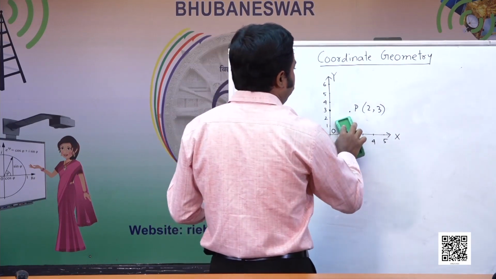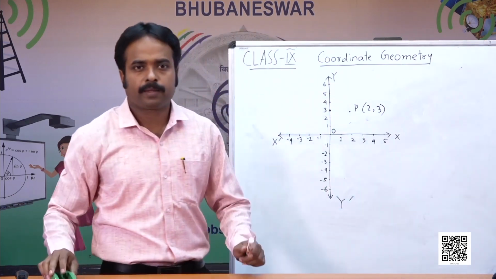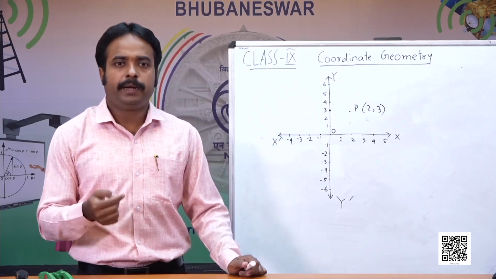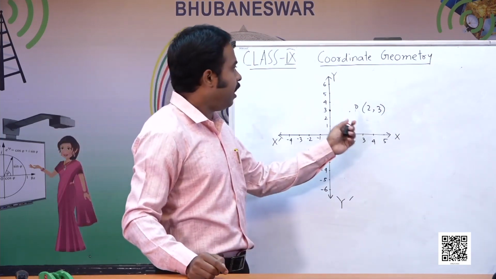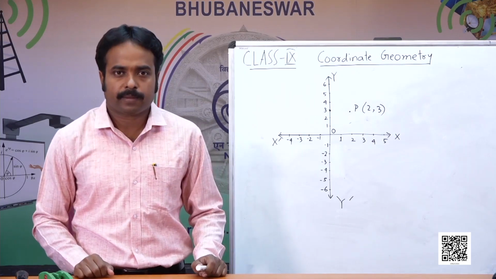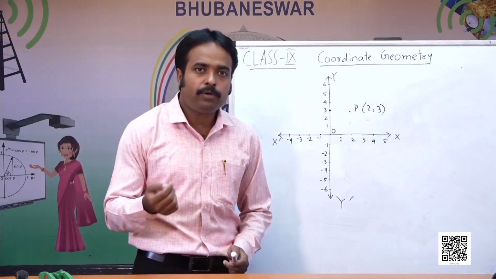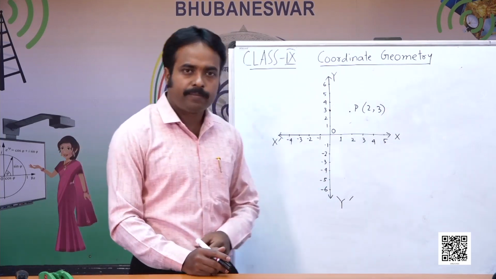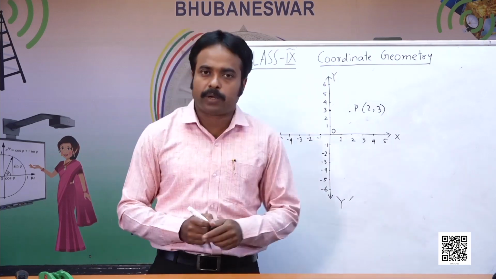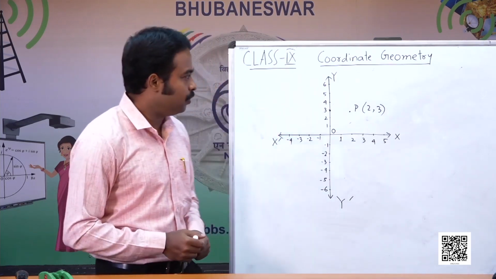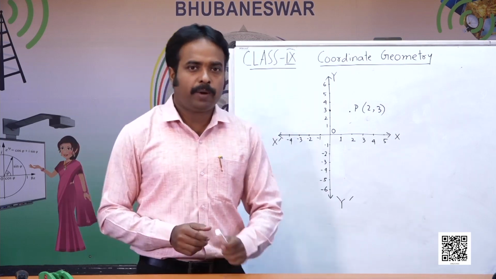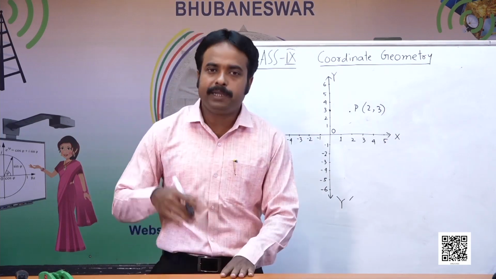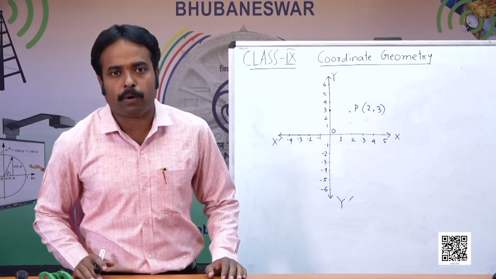So, if the point is (2, 3), and I ask you what would be the reflection of (2, 3) about the y-axis, how can we do that? First we have to plot the point (2, 3), which lies in the first quadrant. Now, if we keep a mirror on the y-axis, what would be the mirror image of this point?